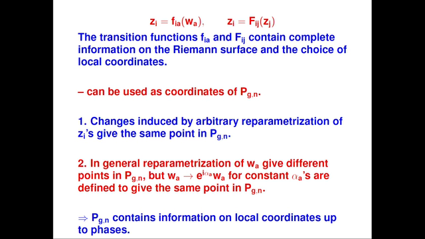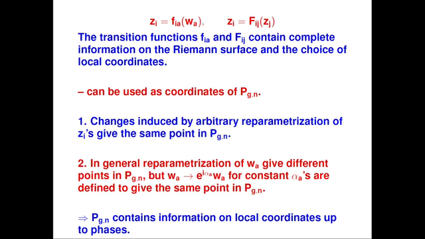There is nothing else to specify. And the choice of local coordinates is also fixed because it tells us how the local coordinates W are given in terms of some coordinates that we have chosen on the Riemann surface. So, you can use these transition functions as coordinates of P_{g,n}, because once these transition functions are given, then P_{g,n} is completely fixed.